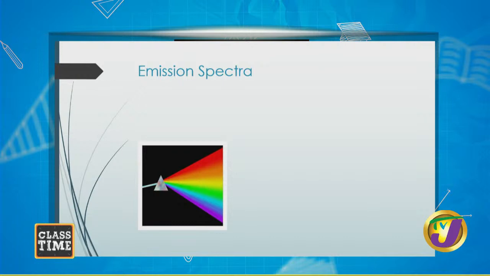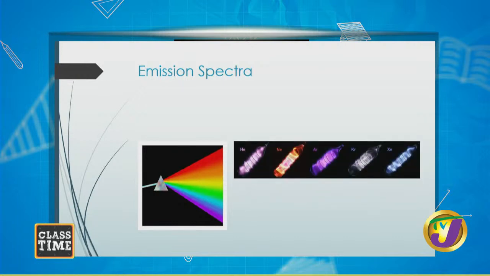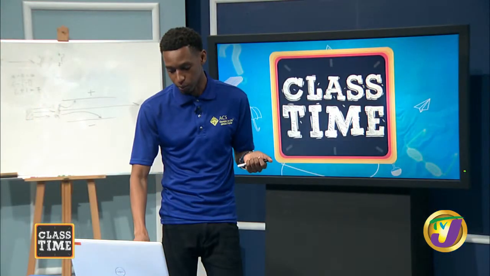Now, I mentioned before that these elements give off a distinct color when exposed to fire or energy in the form of electricity. And you can see from this diagram that each one of these noble gases gives off a distinct color when electricity is passed through. Now, the idea was that once this element gives off a distinct color or light, that light will be passed through a prism to see what was formed.